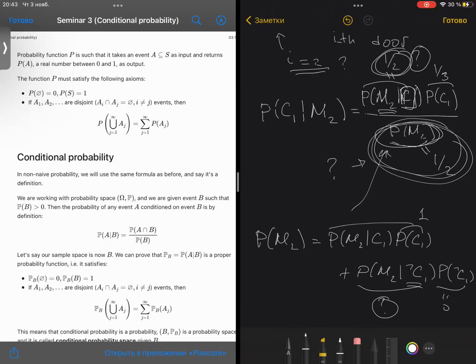Max, can I ask you please one question? My last question. Did I understand correctly that the contestant from the last paradox picks one door, and after that Monty opens not this door but one of the others?